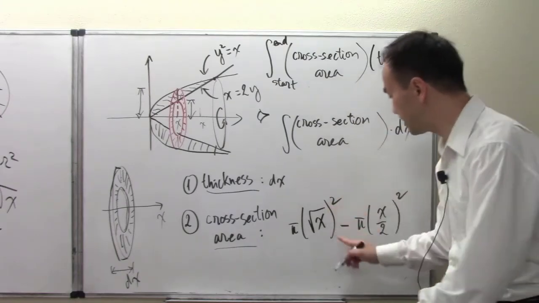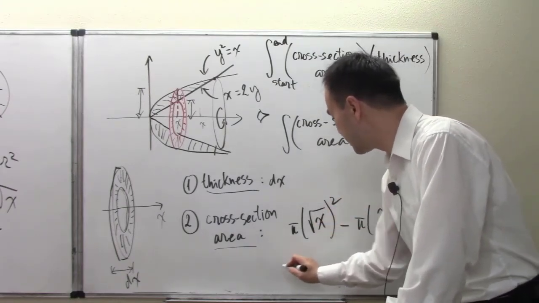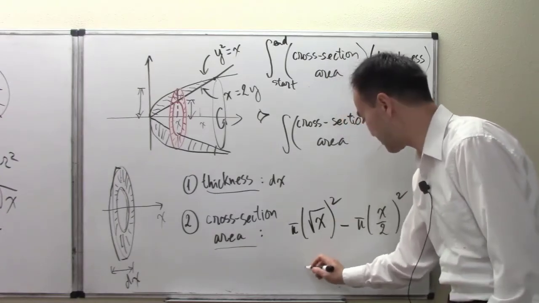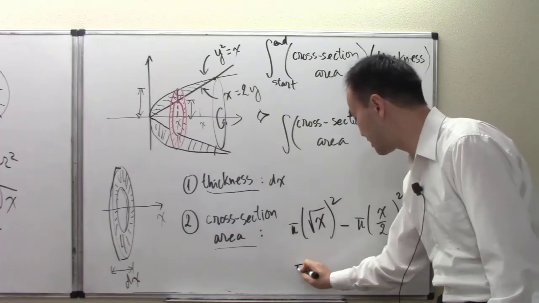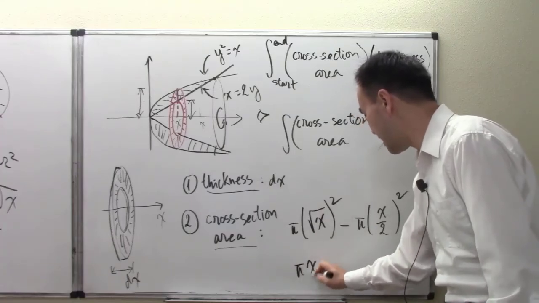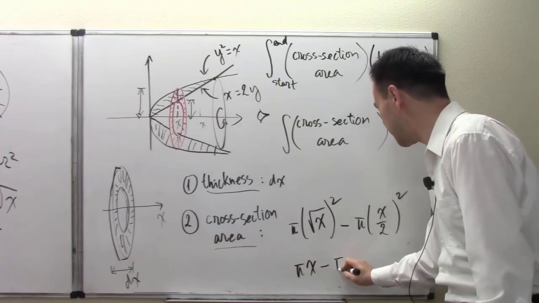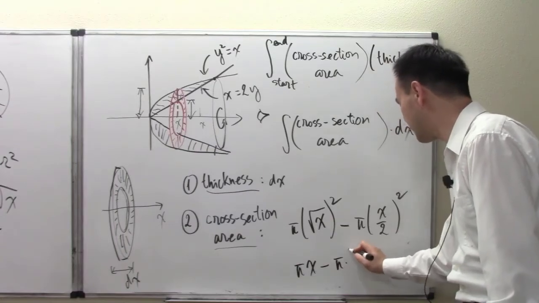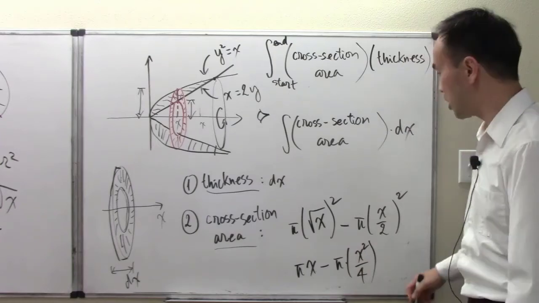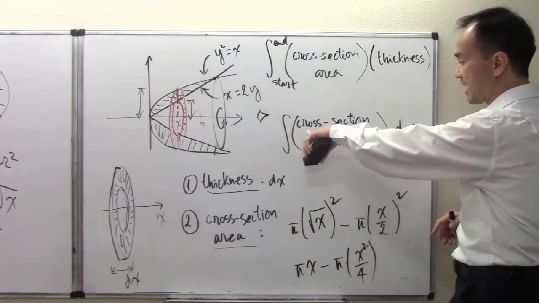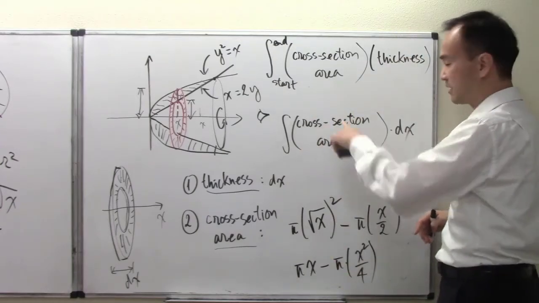And as a cleaner version, our cross-section area appears as follows. The square operation will cancel out with that square root, and that gives me pi x minus pi times x squared over 4 right here. All right, so now I'm ready to complete that function to represent my cross-section area.